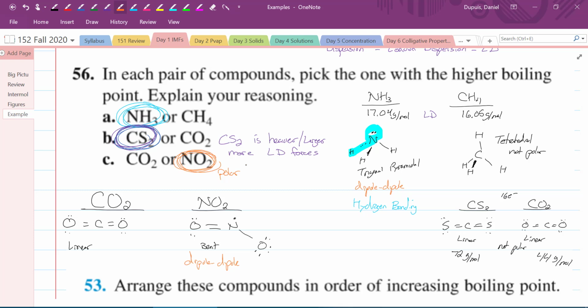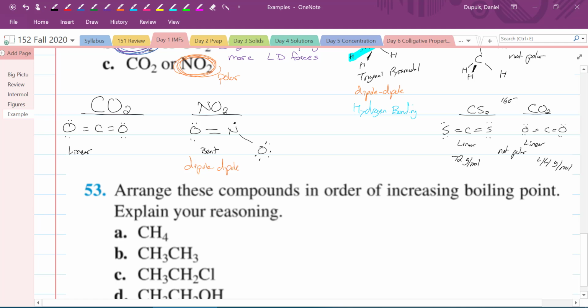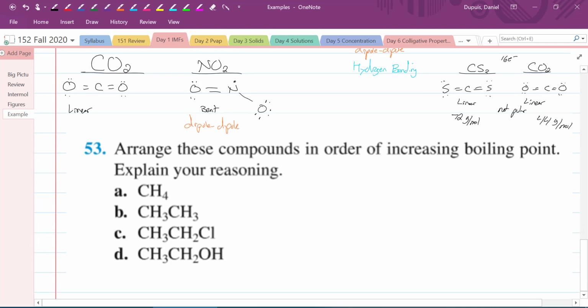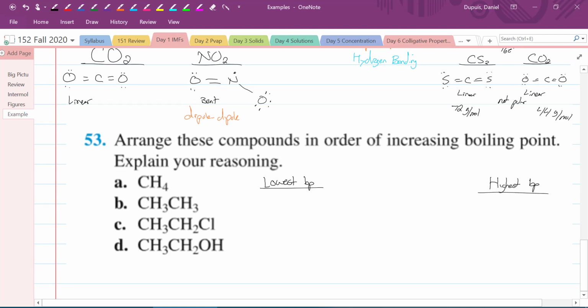And so that's how we're coming up with these explanations. So let's try 53 now. 53, arrange these compounds in order of increasing boiling point, so the lowest boiling point to the highest. Alright, so what are the intermolecular forces?